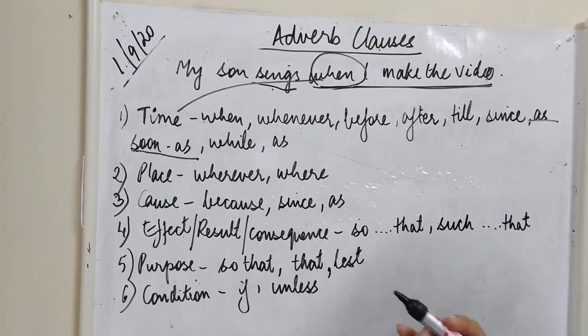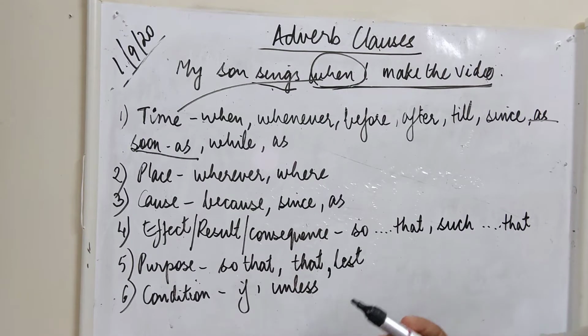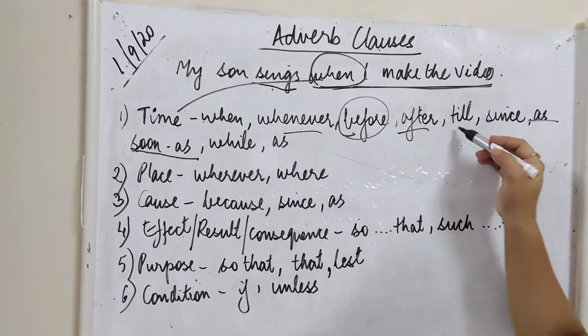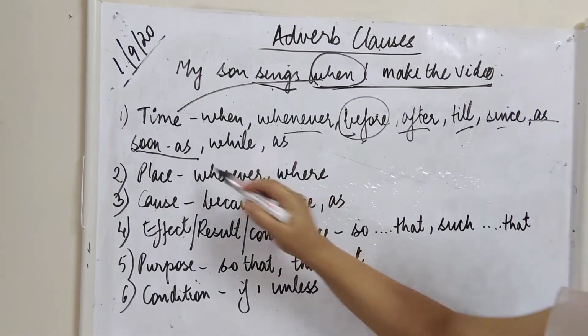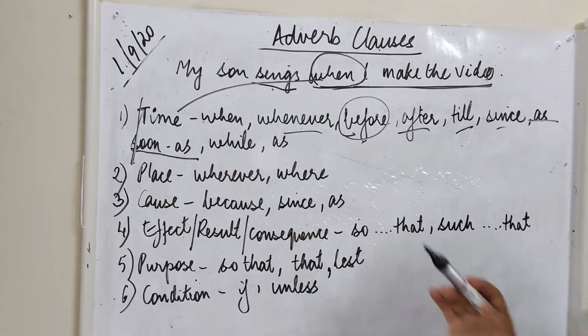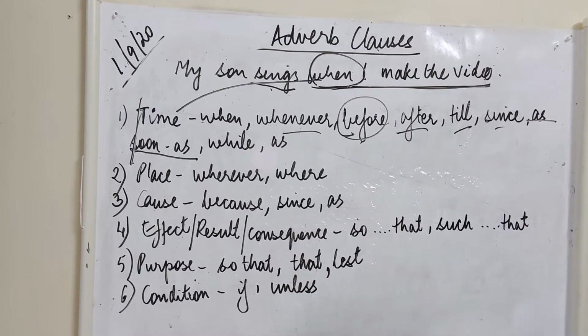Or the potholes will have been filled in before the rains set in. So the words which show time, whenever, after, till, before, since, tell us that an adverb clause can start with these kinds of words. Basically they are conjunctions.